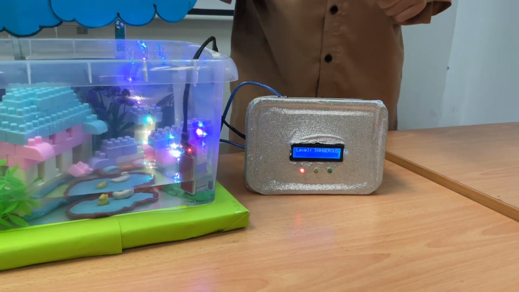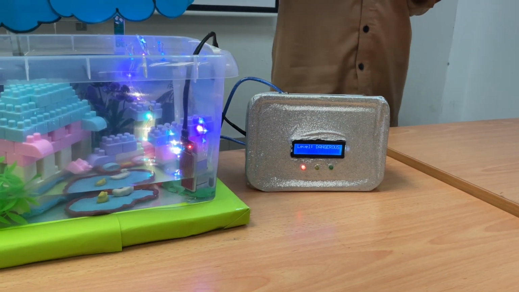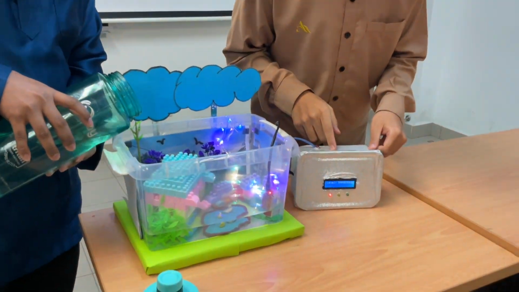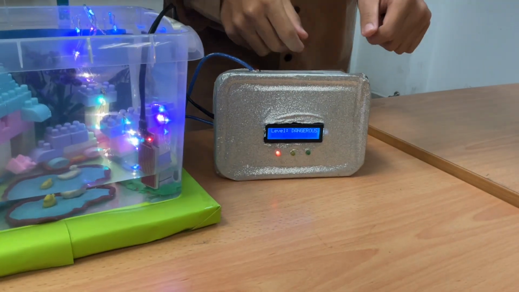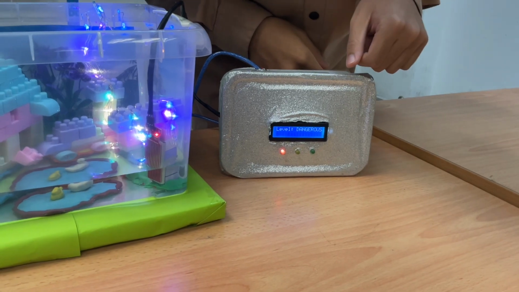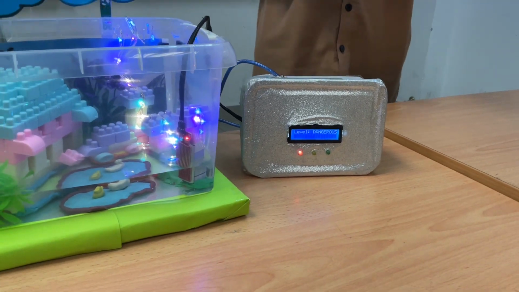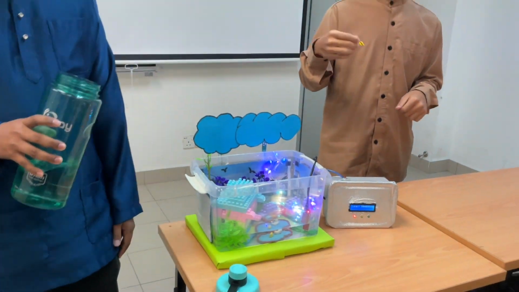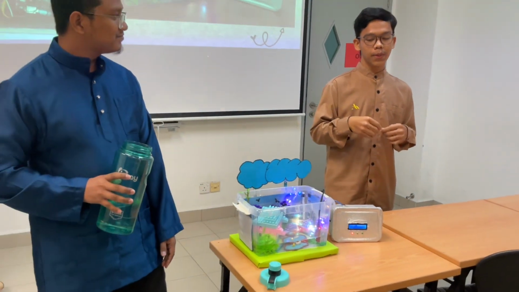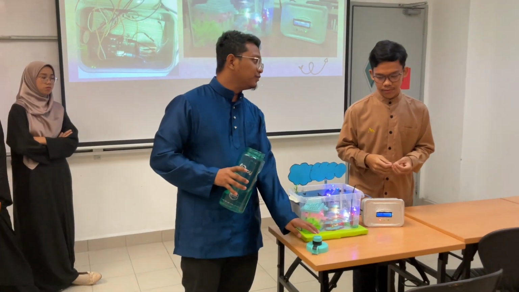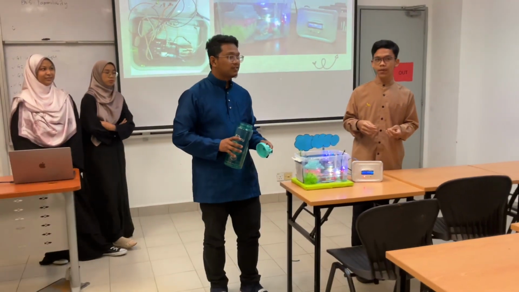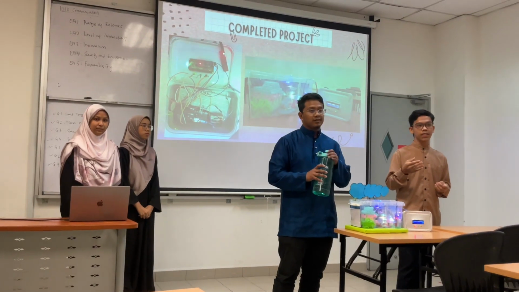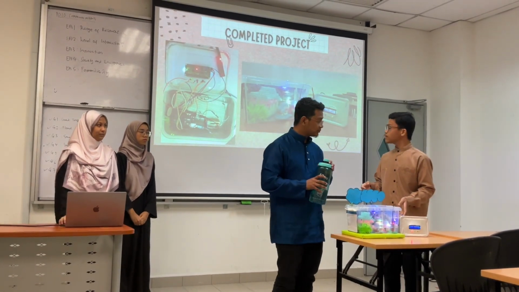And when the flood rises badly, the display will show dangerous, and an annoying sound will come out to make people aware. So people need to take precautions in reducing the flood.